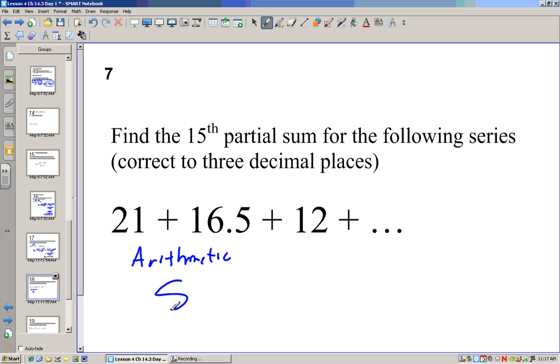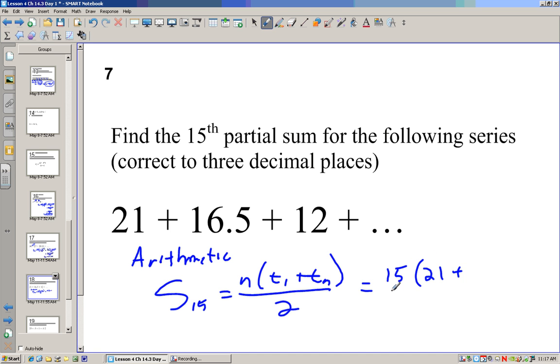now we can use the equation S of 15 is equal to n times t sub 1 plus the nth term all over 2. The n is 15. We know the first term is 21. We just need to find the nth term. So the 15th term is going to be 21 minus 4.5 times 15 minus 1. So 21 minus 4.5 times 14, that's negative 42.